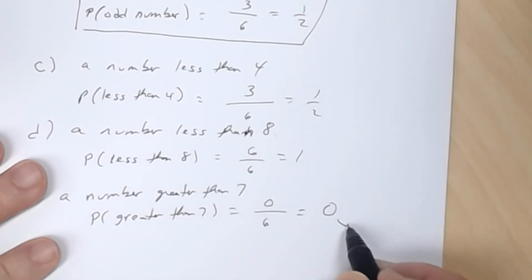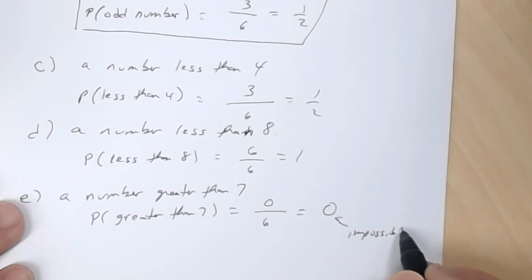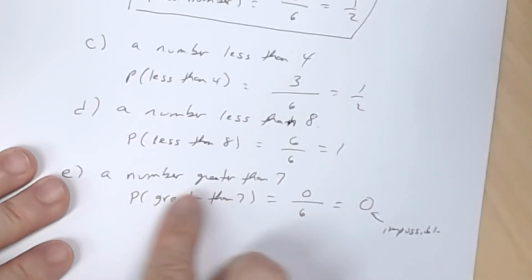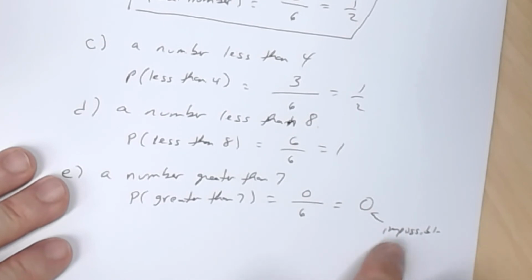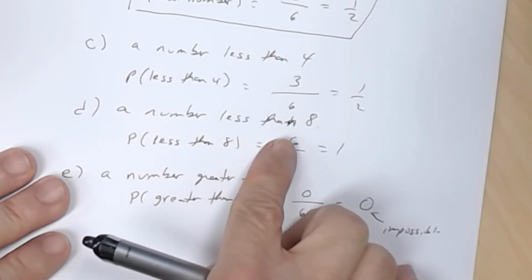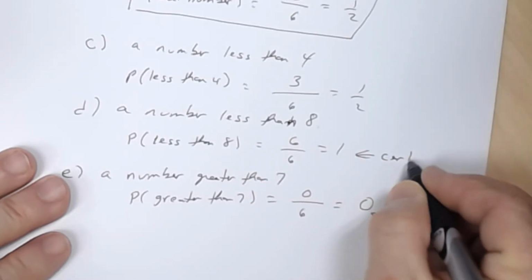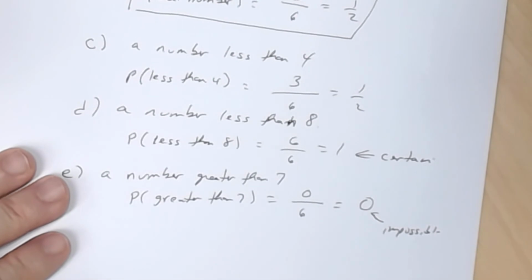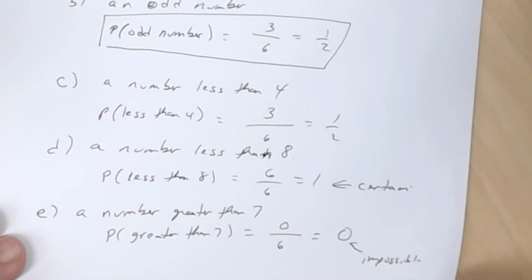So that is impossible. So you will never be able to get these events. The event of rolling a number greater than 7 is never going to happen. The event of rolling a number less than 8 will always happen. Okay? All right.